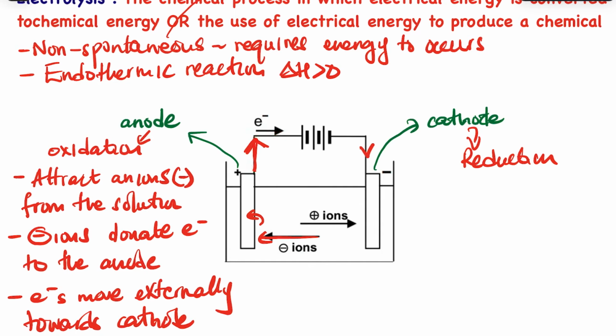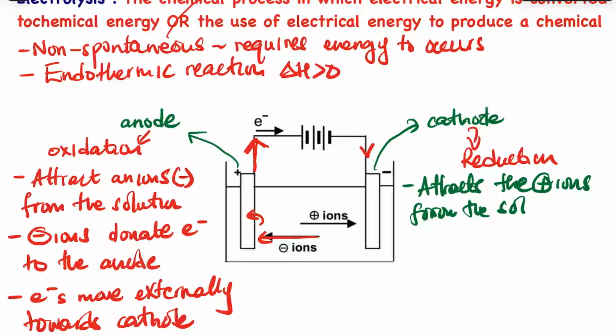Okay, let's look at what is happening in the cathode. The cathode attracts the positive ions, right? It attracts the positive ions from the solution, as you can see here. This is negative, so it attracts the positive ions, which are the cations, from the solution. And what do the positive ions do?